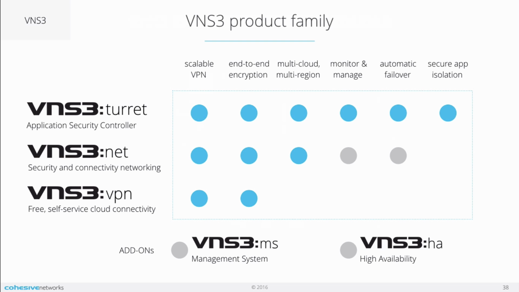We have 3 main VNS3 products and 2 plugins. All of our products are useful for things like scalable VPN. It adds end-to-end encryption, and you can create multi-cloud, multi-region environments. You can use the management system or high availability plugin to add network monitoring and management, and automatic instance-based failover.